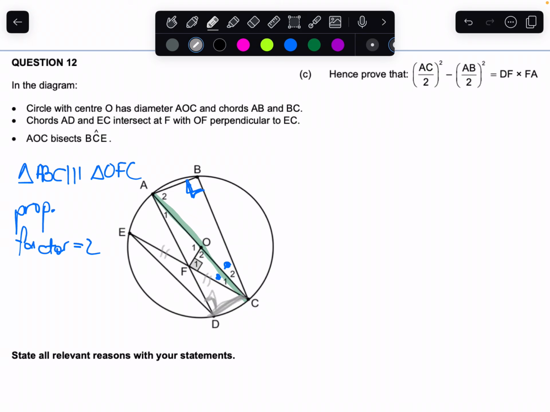So this angle over here would be 90 degrees minus dot, so that this and this and this can add up to 180.